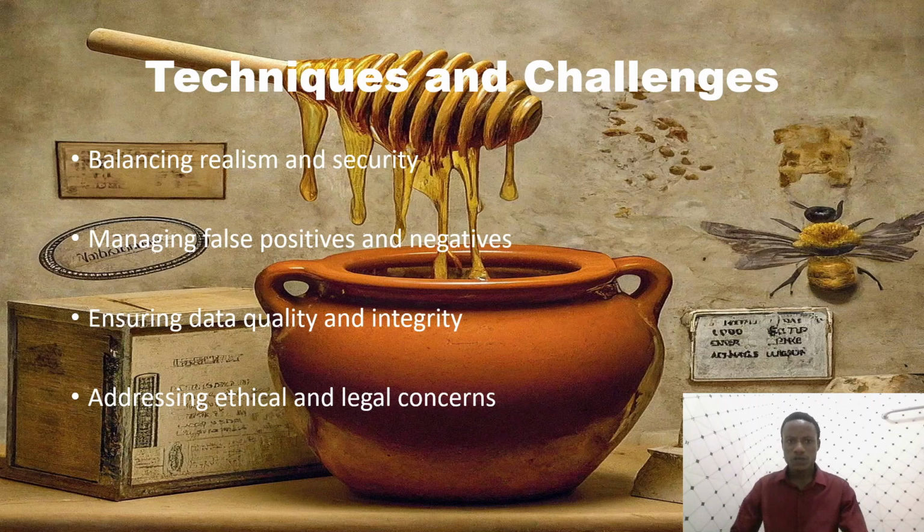So let's first of all look at point one, which says balancing realism and security. So ensuring the honeypot is realistic enough to attract attackers without compromising security. So you actually have to make sure that the honeypot looks attractive to them without taking out the fact that there is security at hand to be dealt with.